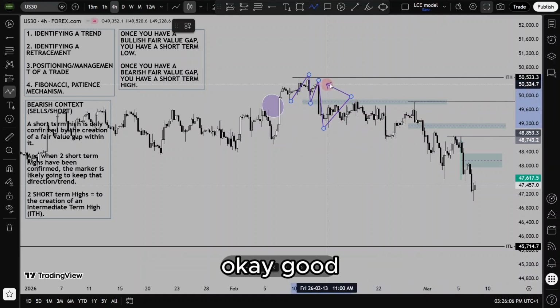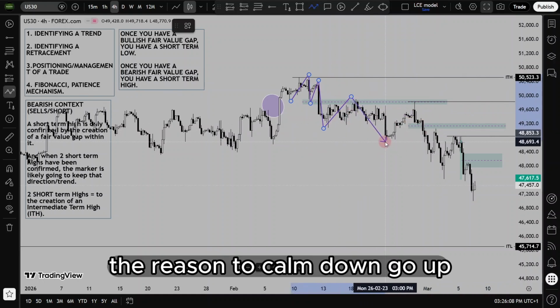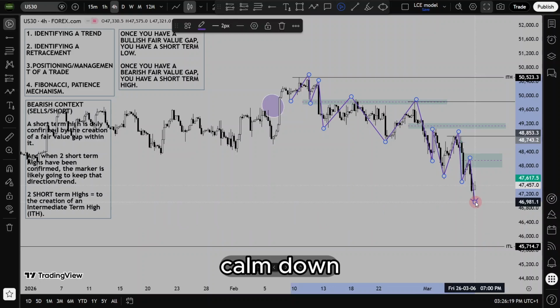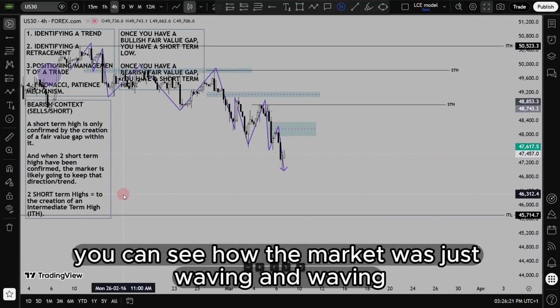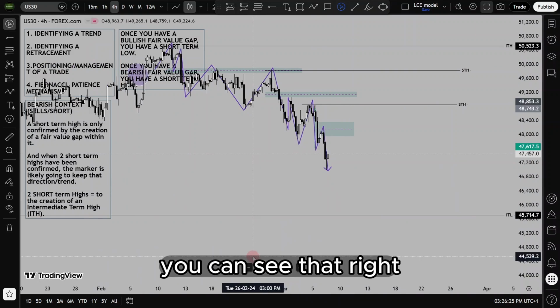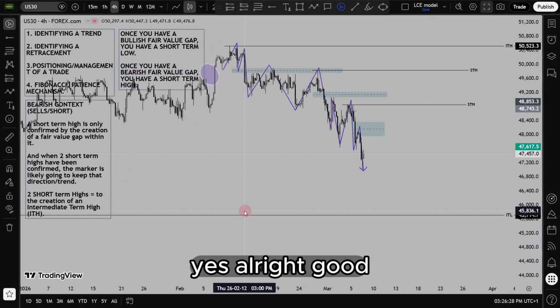You can see how the market was just waving and waving, but it was still going lower. You can see that, right? All right, good.